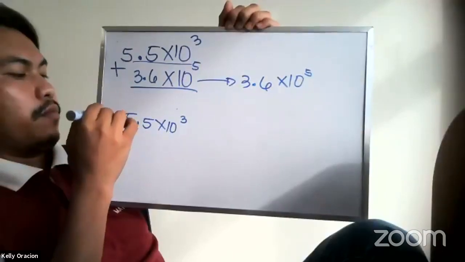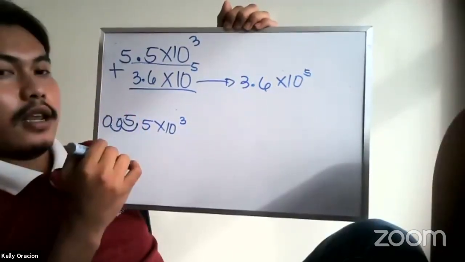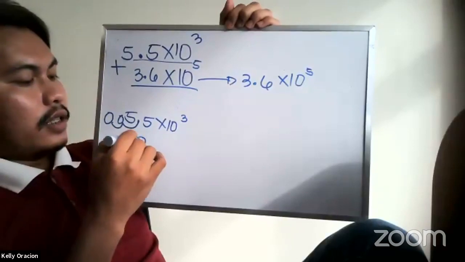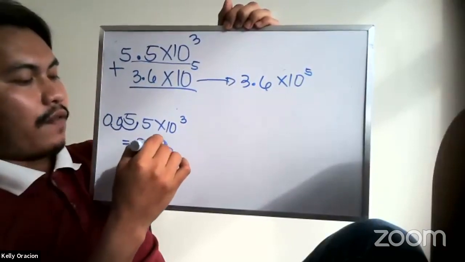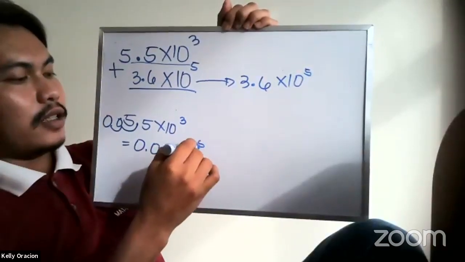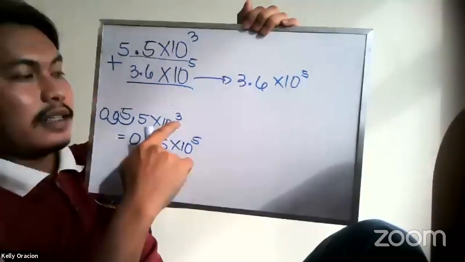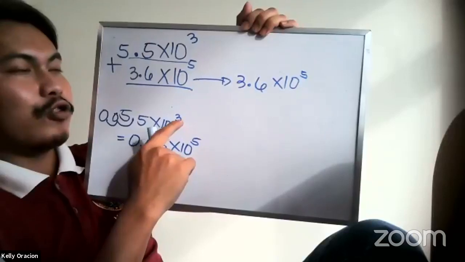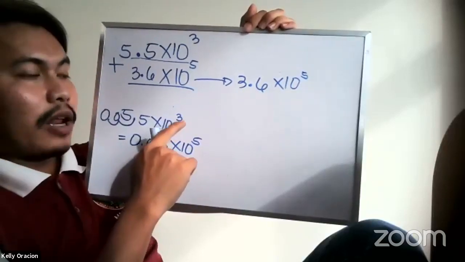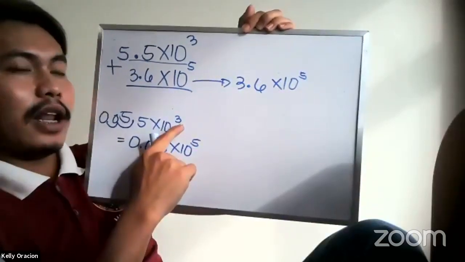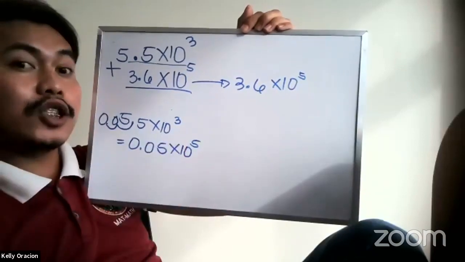1, 2. Yan. So, this is now 0.05 times 10 raised to 5. Again, para ma-change into 5, ilan ang kulang para maging 5 ang 3? It's 2.